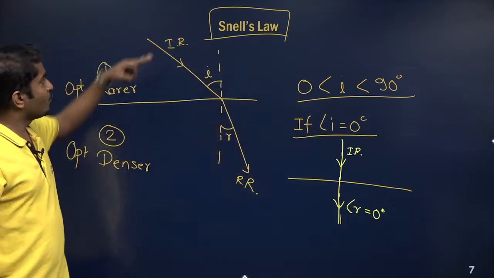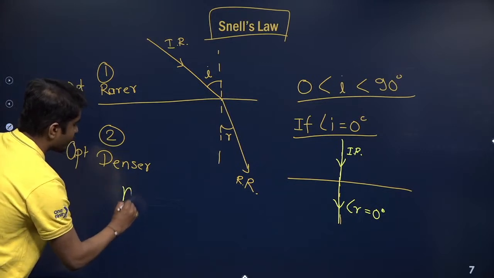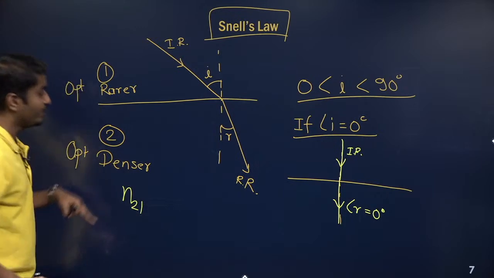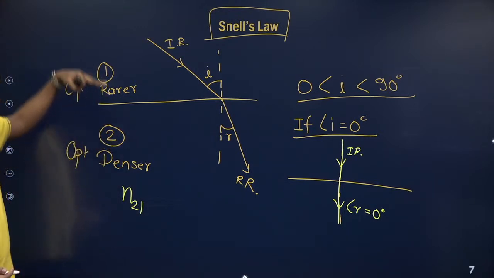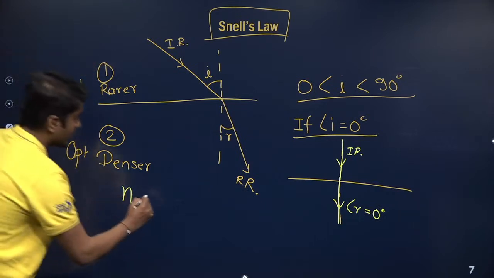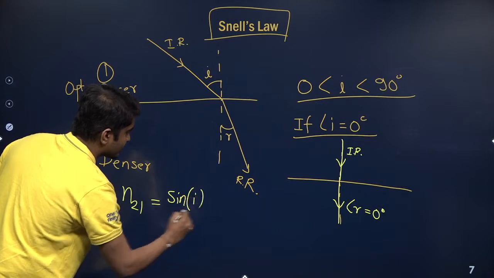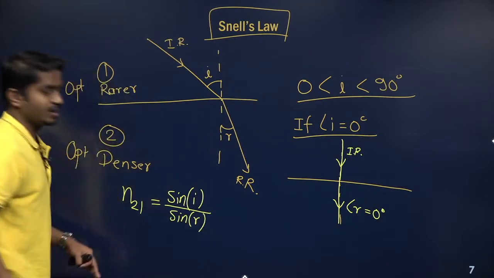Correct? So now what is Snell's law? Snell's law says that the relative refractive index of medium 2 with respect to medium 1 is nothing but the sine of the angle of incidence to the sine of the angle of refraction.